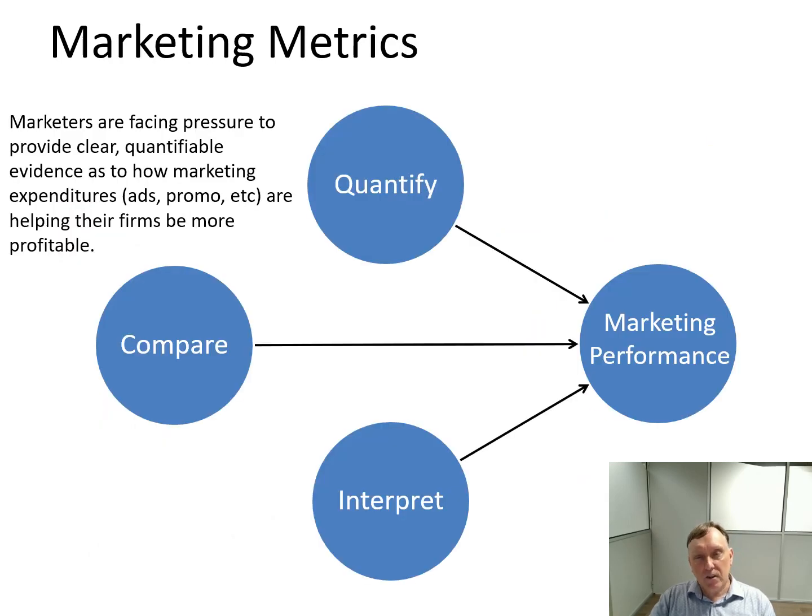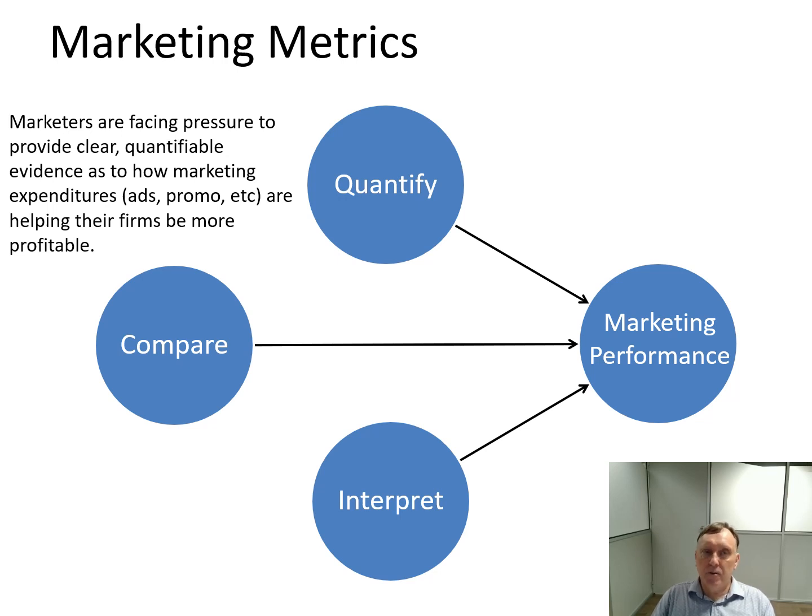Now, with marketing metrics, we're always facing pressure to provide clear, quantifiable evidence as to how the marketing expenditure, in other words, the cost of advertisements and promotions, etc., is helping the firm be more profitable. And as we've already noticed, certainly in the case of promotions where we're offering discounts, it's quite rare that they actually produce a profit.